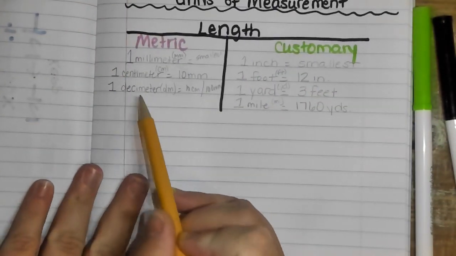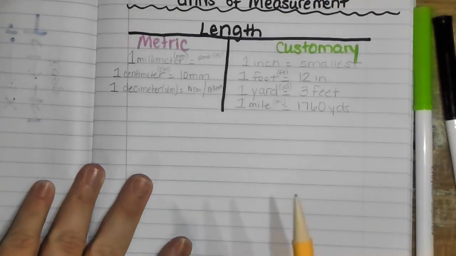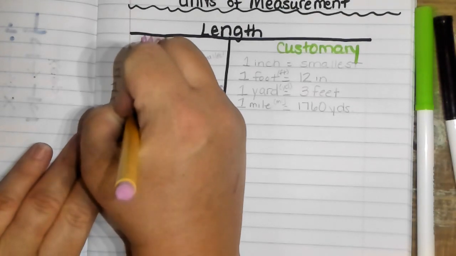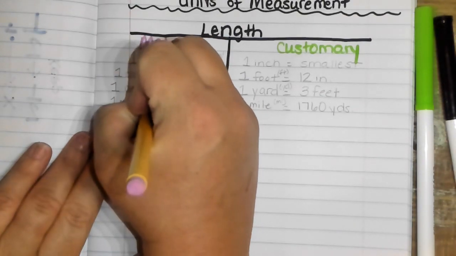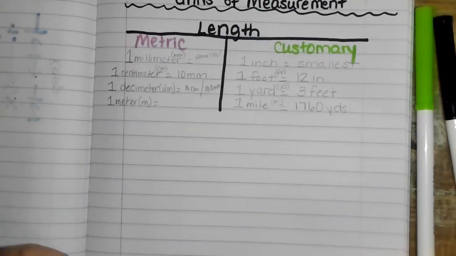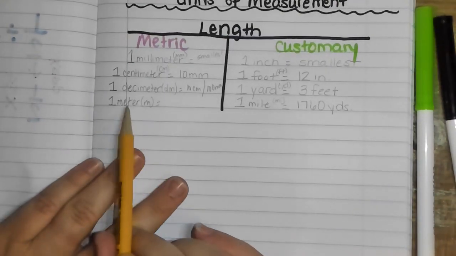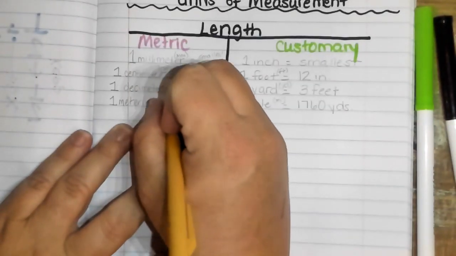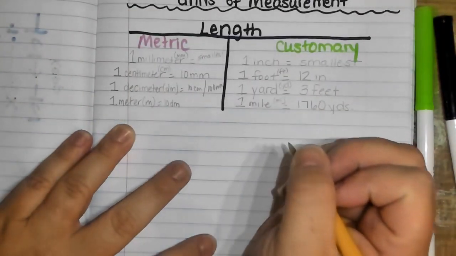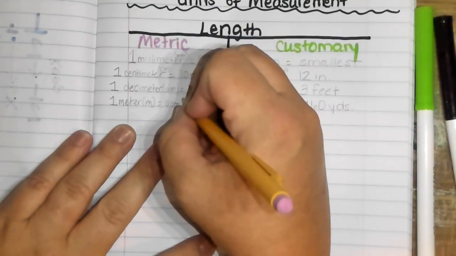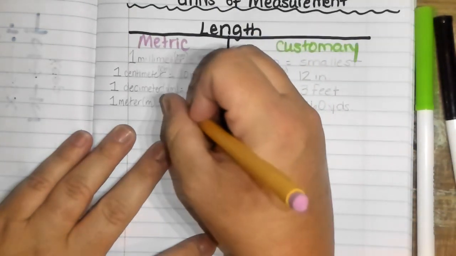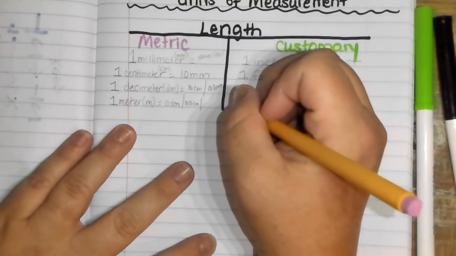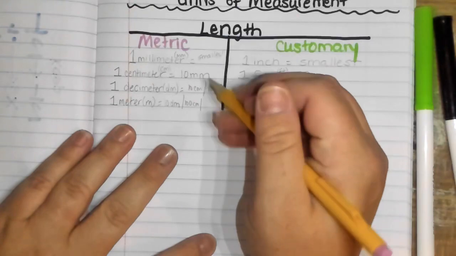So from the decimeter, we go to 1 meter. Meter is abbreviated with just the letter M, and equivalency to 1 meter is either 10 decimeters, or 100 centimeters, or how many millimeters do you think?